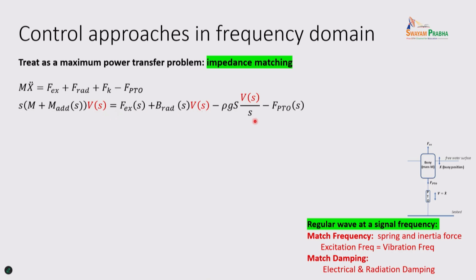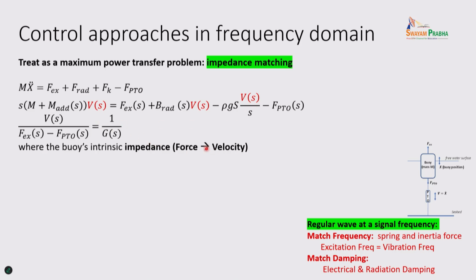Now, velocity impedance is defined as force divided by velocity. If you take 1 over impedance, this is usually called admittance. So velocity divided by the excitation force and PTO force is 1 over G(s), where G(s) is force divided by velocity. We call this admittance. So what does G(s) look like?